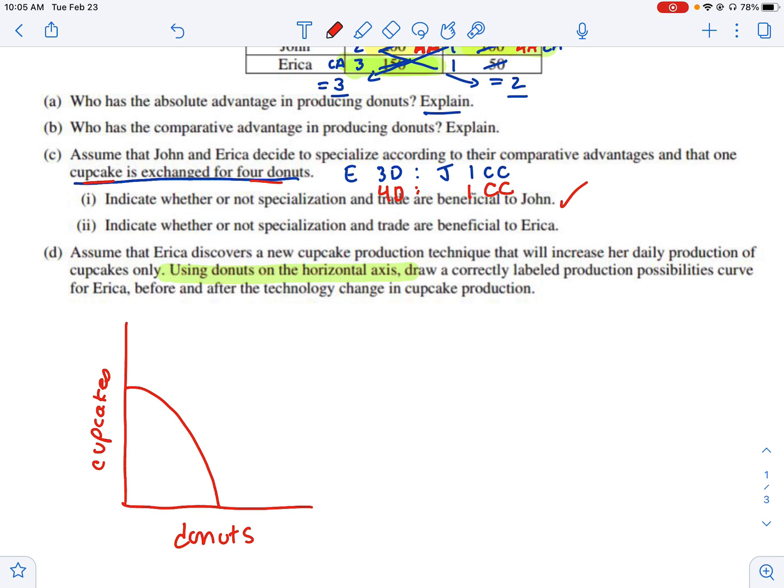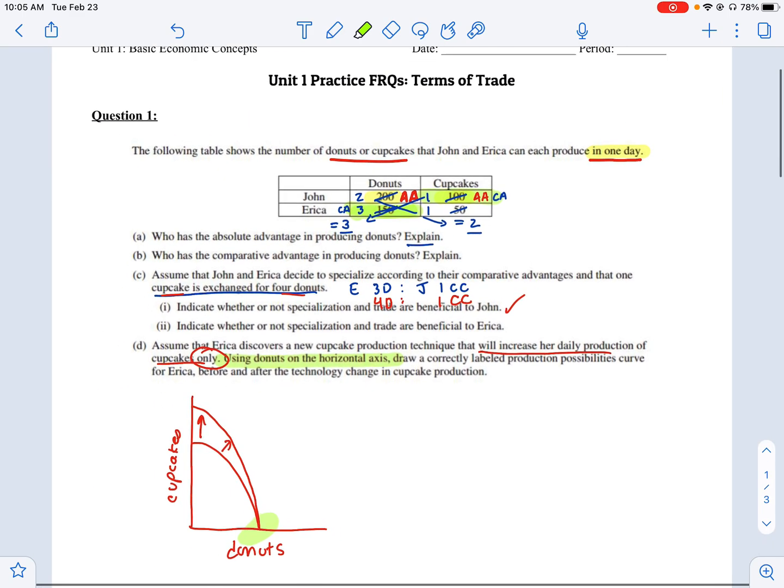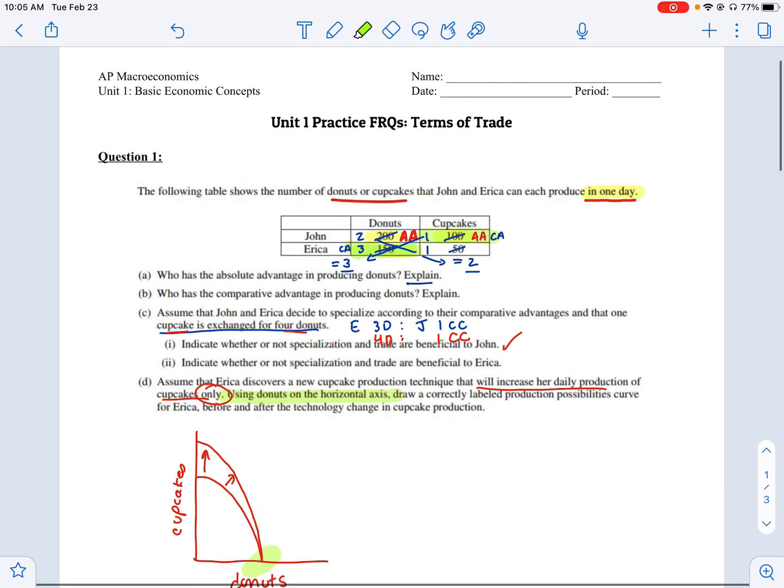It says that the production technique increases her production of cupcakes only. So we're going to extend the PPC higher on the cupcake line, and I'm going to make it intersect at the same place where it was before for the donuts, because nothing changed in her donut production. So that is question 1, John and Erica with the donuts and the cupcakes.